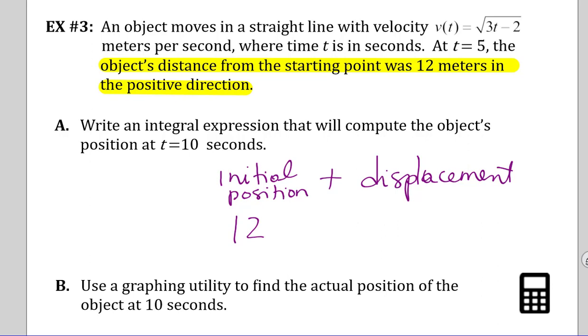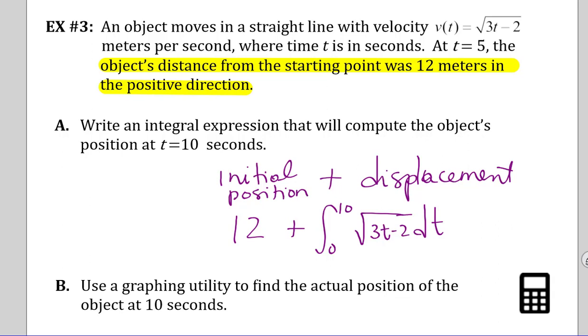Right? My displacement from the beginning of time over the 10 seconds would be the integral from 0 to 10 of my velocity function. So that's the square root of 3t minus 2 dt.